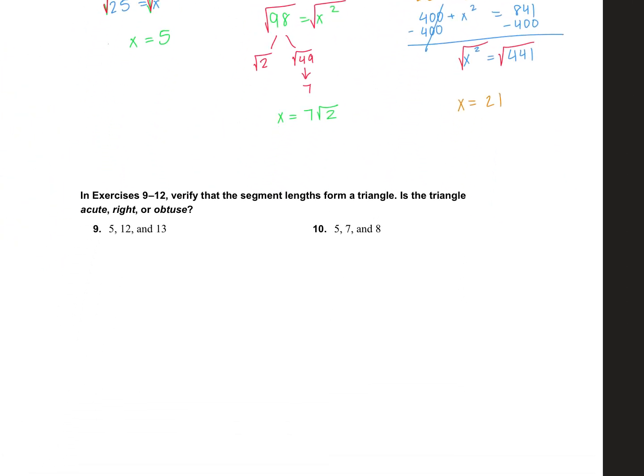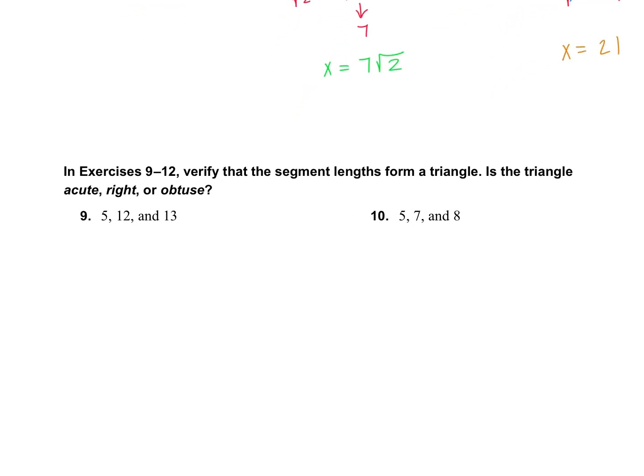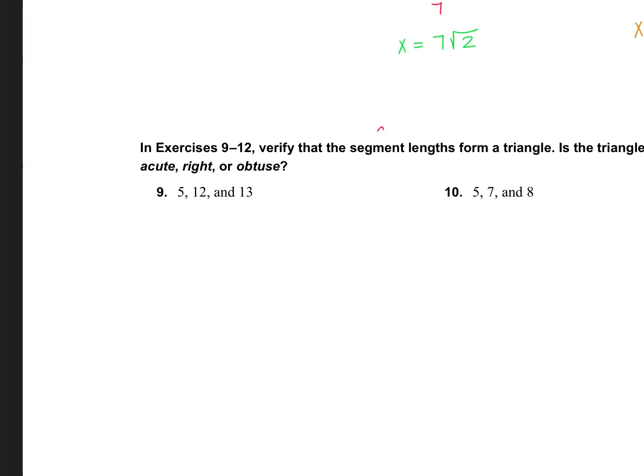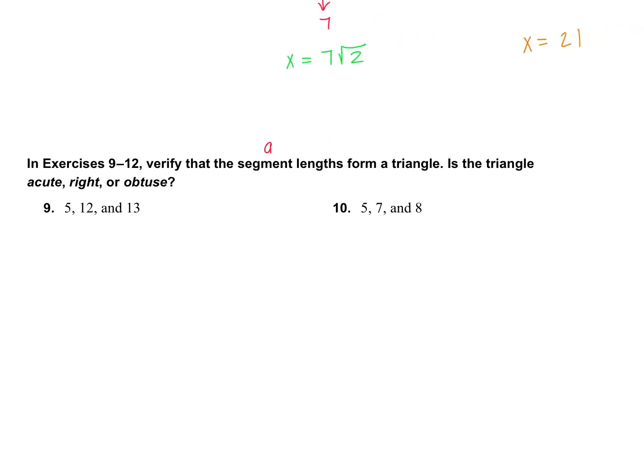All right, and the last 2 questions, verify the segment lengths form a triangle, which they do. Again, how you're verifying that is add your 2 smallest and subtract them and see if that number falls in between. Is the triangle acute, right, or obtuse? So plugging it in, again, what I'm using is my Pythagorean theorem.